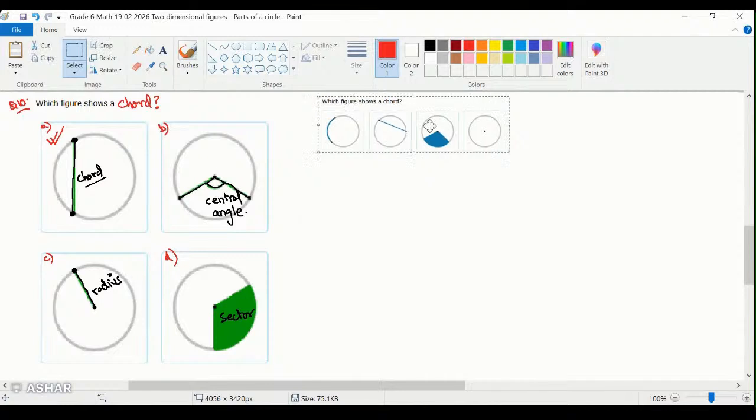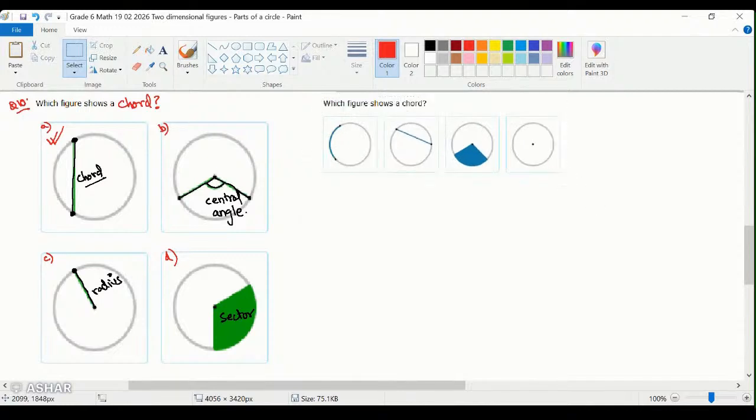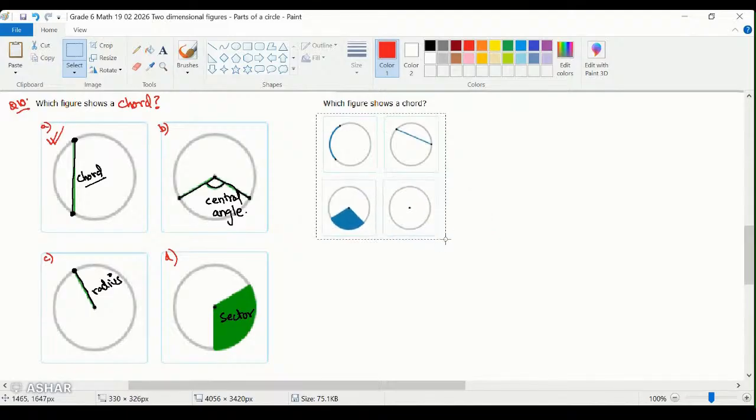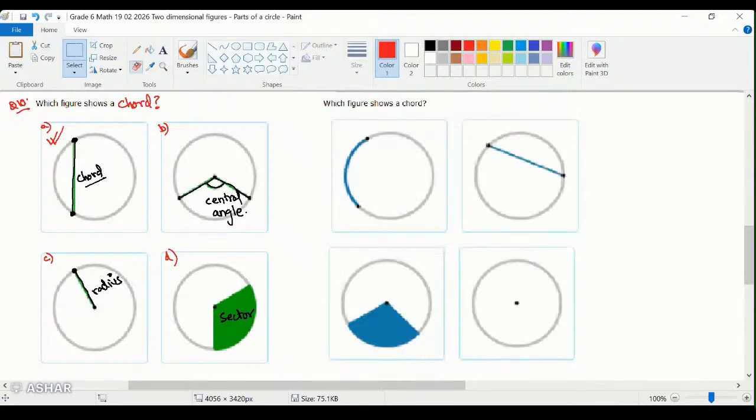Let's change the requirement for question number 11. In question number 11, let's suppose they're asking us to find not the chord, but the diameter. Question number 11, right? They haven't shown us a diameter yet. So let's try to make a diameter.